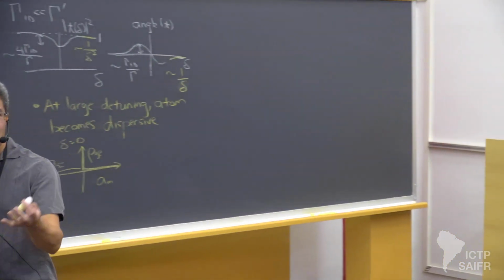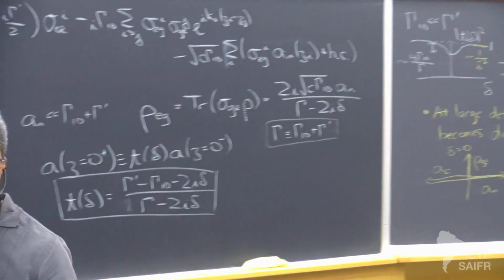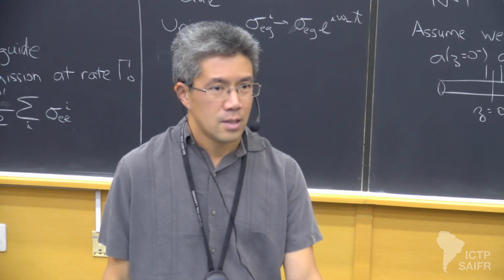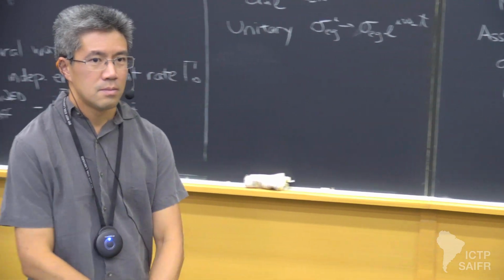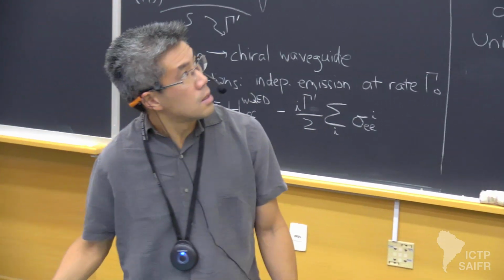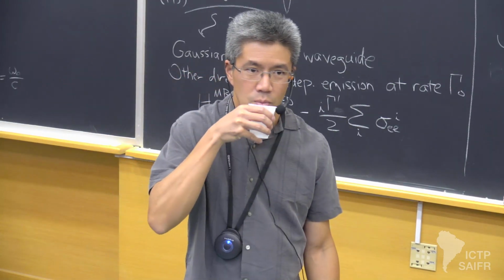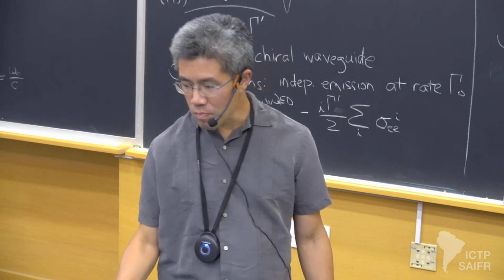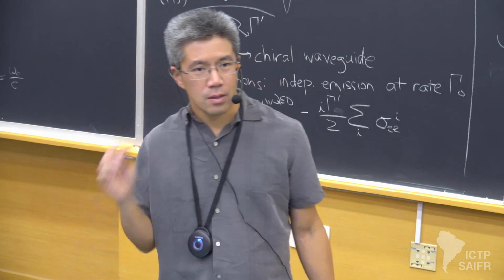Any other? Yep. A little bit related to that previous question. In the case where we just had the pure chiral waveguide, the atom maybe absorbs the light, but then retransmits it in a discrete single direction.